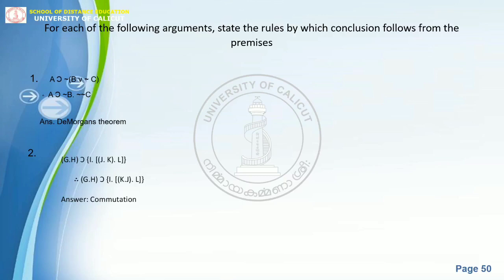So here also you have to think which rule of replacement is to be applied, and we can find that in the conclusion, instead of J dot K it has become K dot J. Which rule do we have to apply? We can apply the rule of commutation.